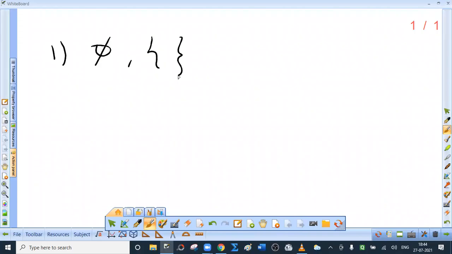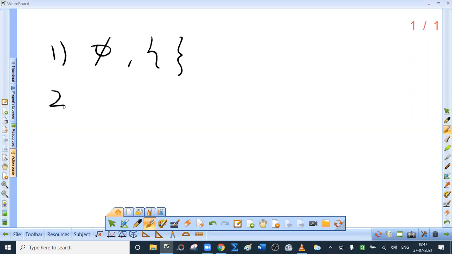Now, can you give me examples of null set or empty set? Yes, very good. An example of an empty set is the set of all real numbers whose square is negative. There is not a single real number whose square is negative. So that is an example of an empty set or null set.